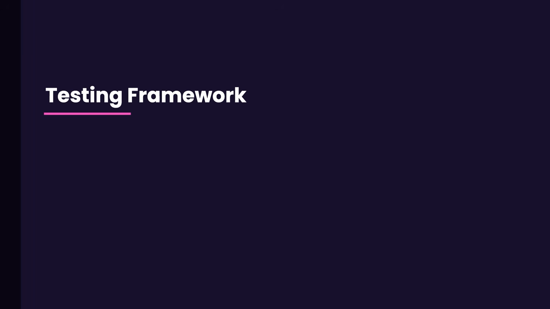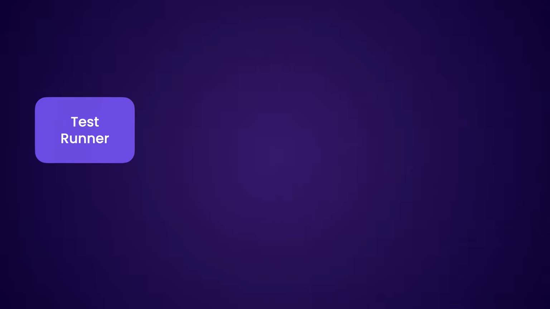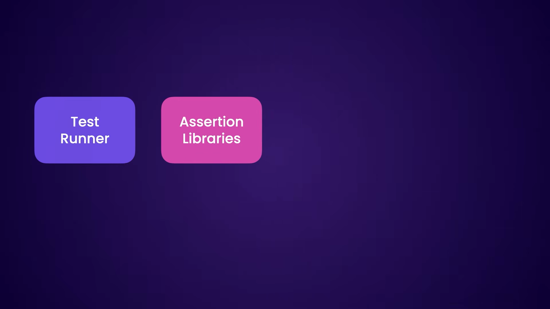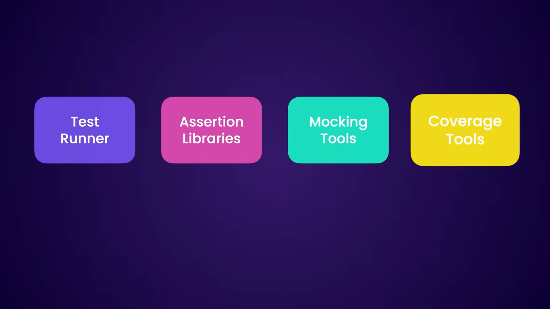So I mentioned earlier that we need a test runner to execute our tests. Now, this is where testing frameworks come into the picture. A testing framework is a set of tools for writing and running tests. It typically includes a test runner for executing tests, assertion libraries to check if the code behaves as expected, mocking tools to replace certain modules with fakes simulating different scenarios, test coverage tools for measuring how much of the code is tested, and many other tools.